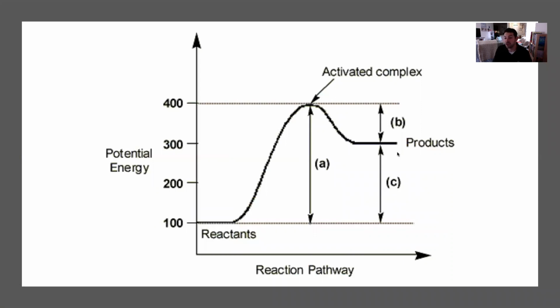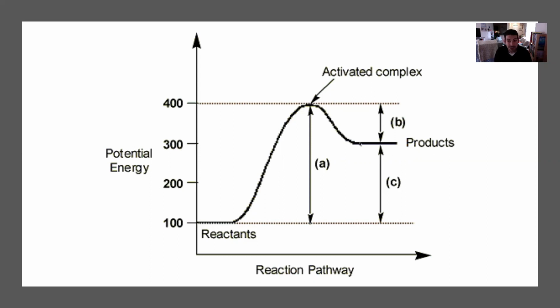So we go from 400 to 300. Even though we've released some energy, we put in more than we released. Our products are now associated with 300 units of energy. So we still release some energy in the endothermic reactions, but we don't release as much energy as we took in already in the activation energy.